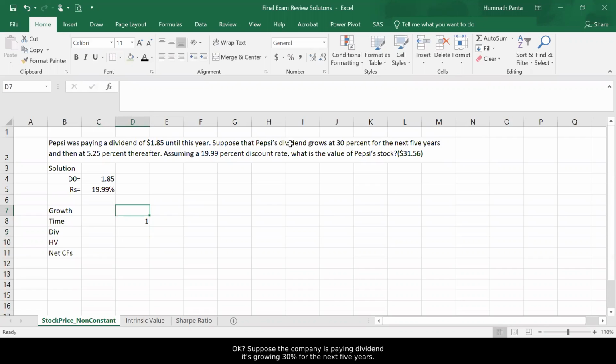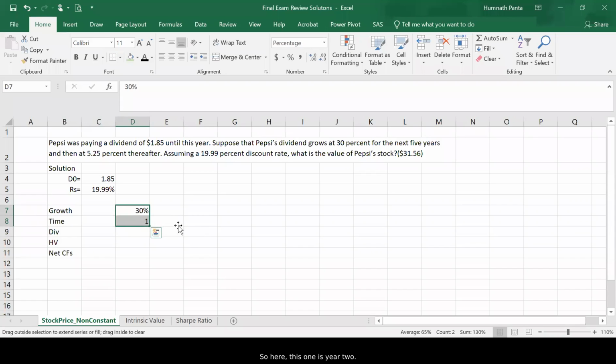Suppose the company is paying dividend, it's growing 30% for the next 5 years, so 30%, and then I'm gonna go until year 5.